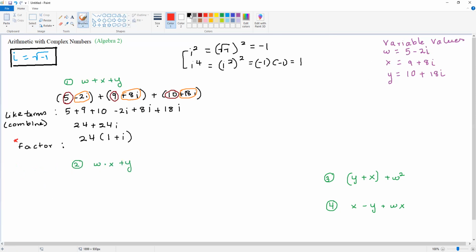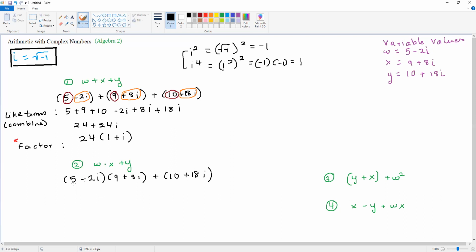So our variable values would be w, which is equal to 5 minus 2i, times x, which is equal to 9 plus 8i. Sorry. And then adding y, so plus 10 plus 18i.